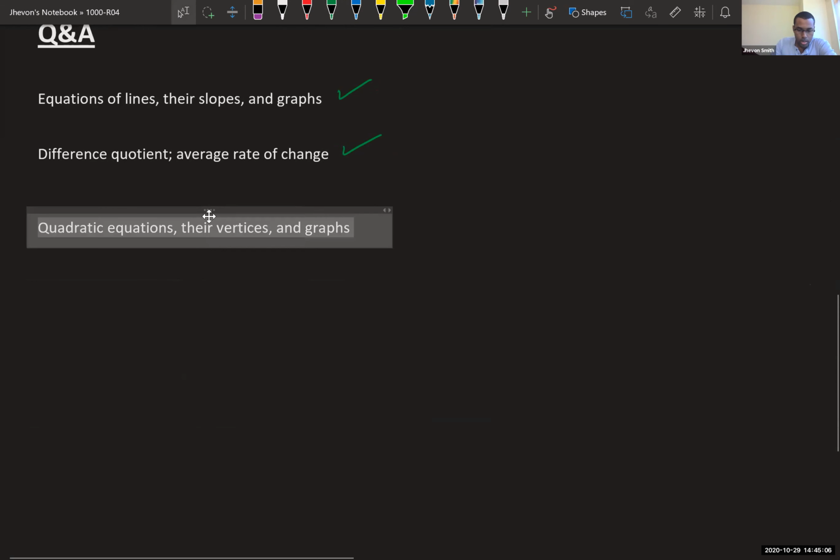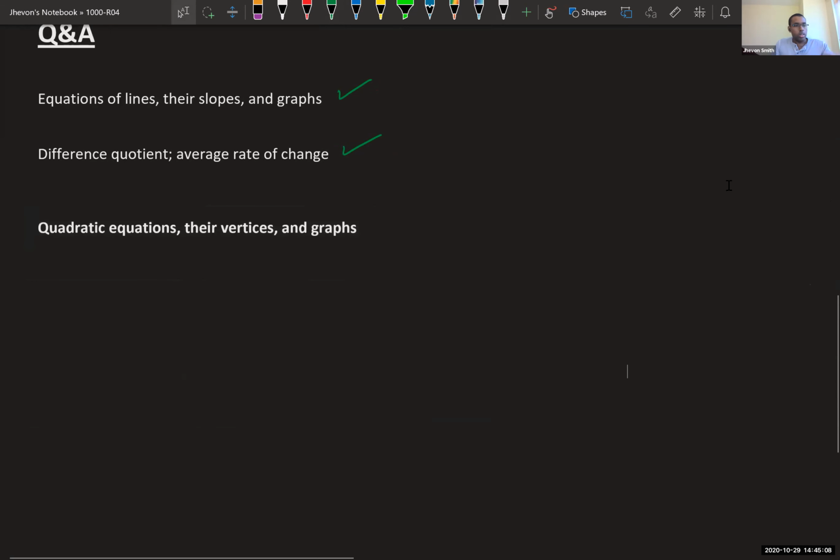Okay, let's do quadratic equations, their vertices and their graphs. So let's do some concept checks here. Let's talk about solving quadratic equations.